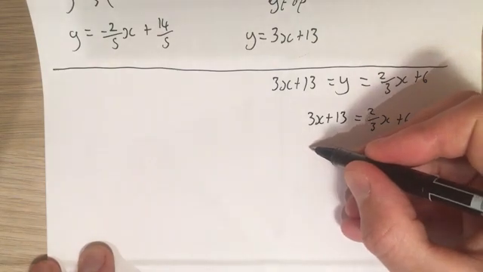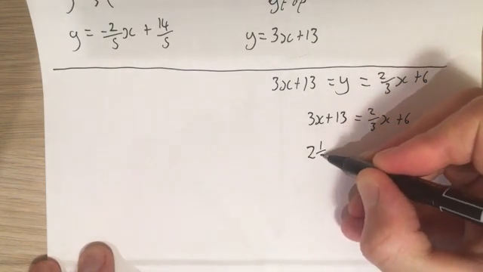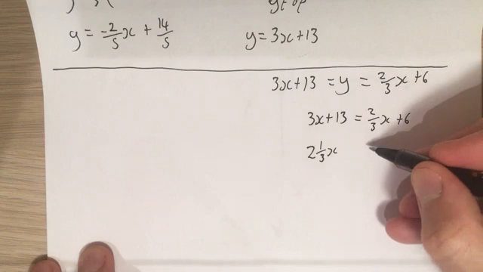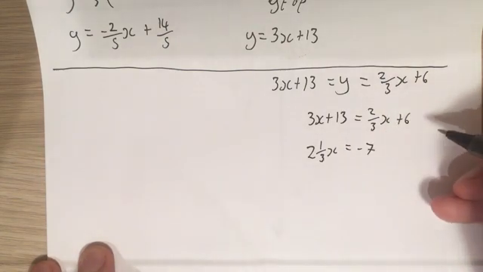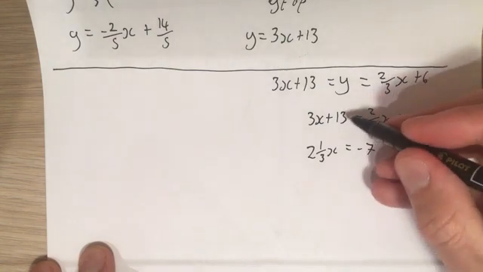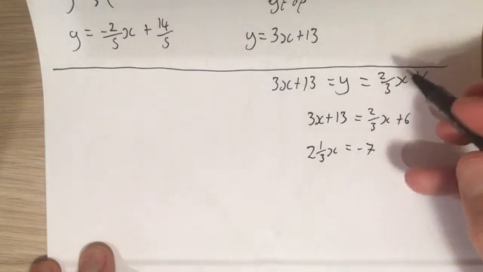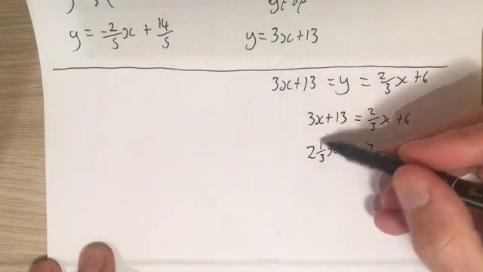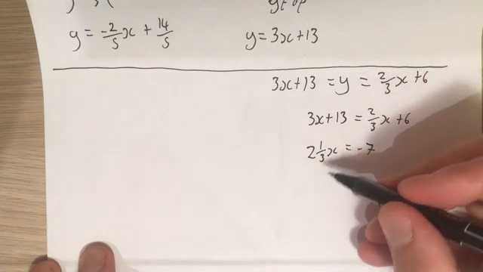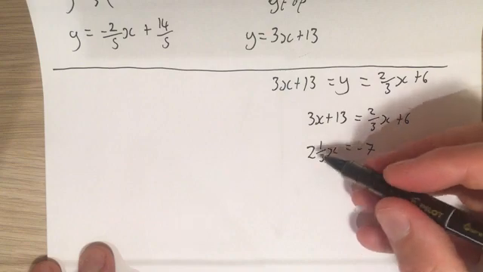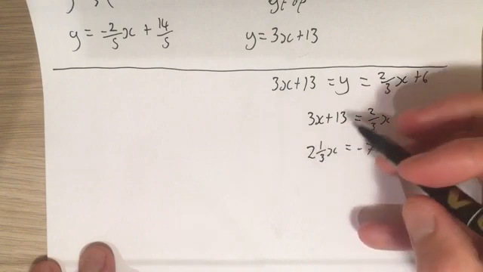So here what I'm going to be left with is 2 1/3 x equals minus 7. So subtract 13 from 6 and you get minus 7. Subtract 2/3 from 3 and you get 2 1/3, which is ugly, by the way. So let's convert that properly. 2 whole ones is the same as 6/3.